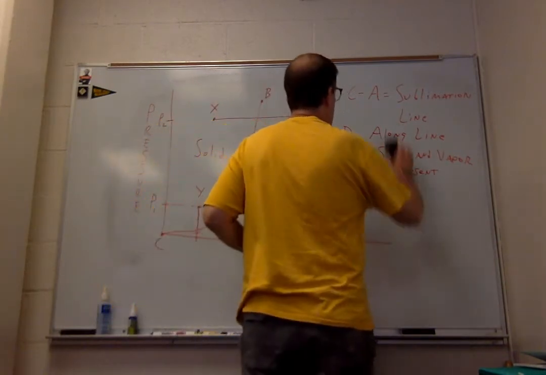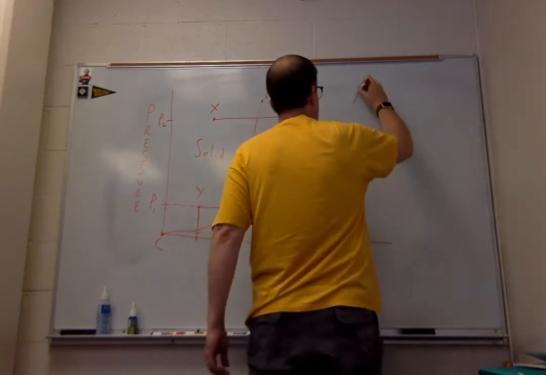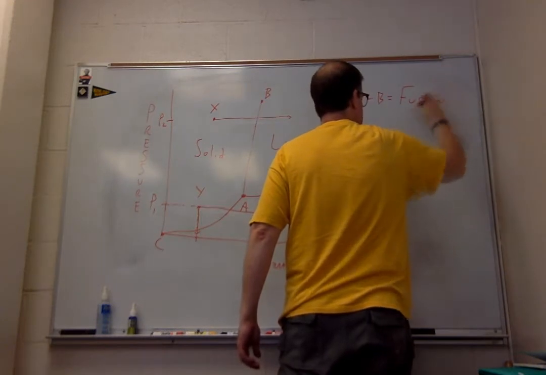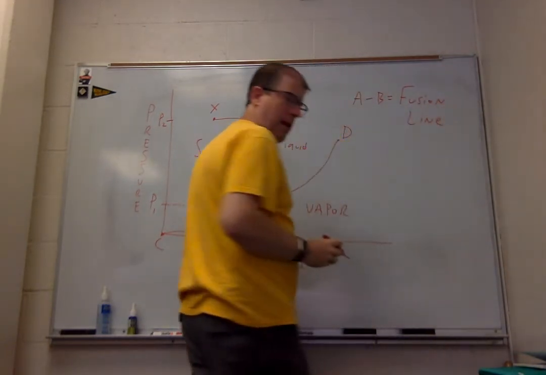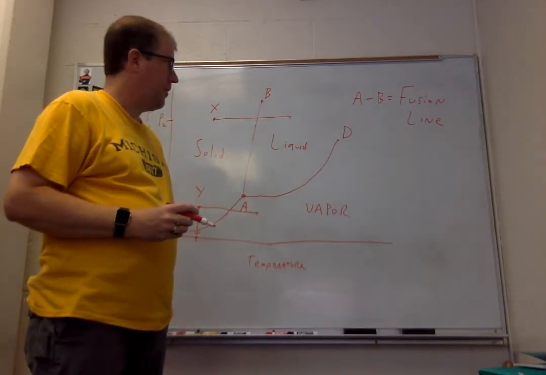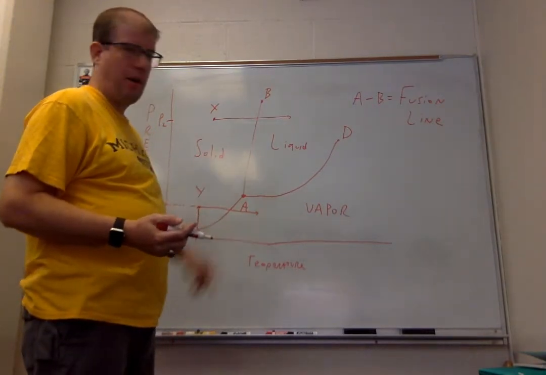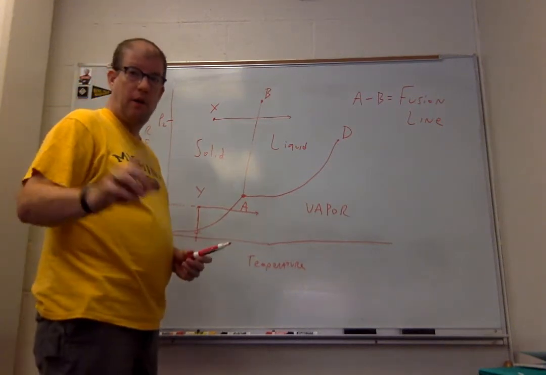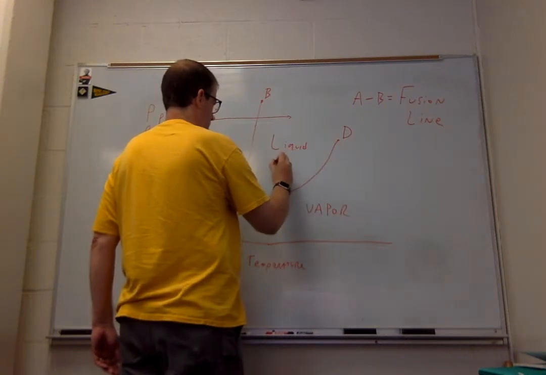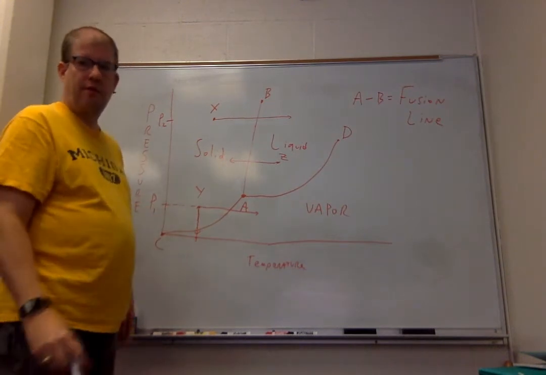Consequently, segment A to B is the fusion line, and we could also call it the melting line. If you start in a solid and you cross that, it turns to a liquid. And the reverse, if we start over here at point Z, go the other way, we keep the pressure constant, lower the temperature, it freezes.